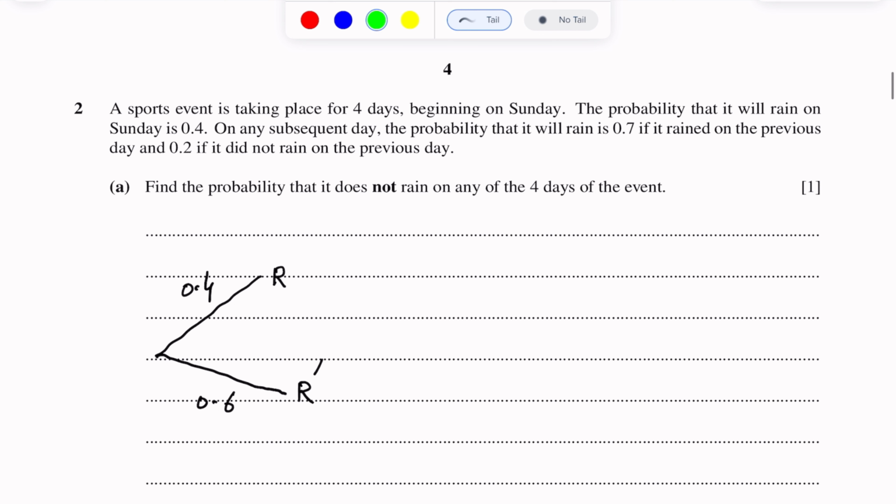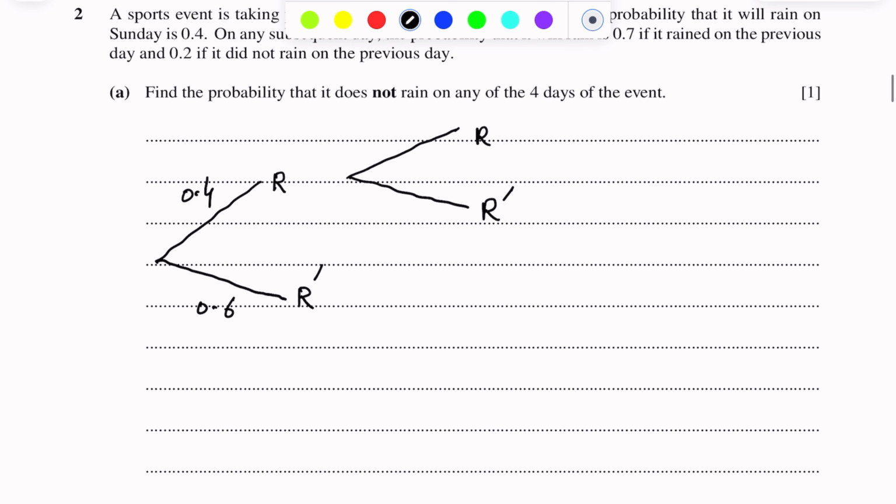Now it is given that if it is raining, for the next day we draw again two branches against each branch. R, R dash, here R, R dash.